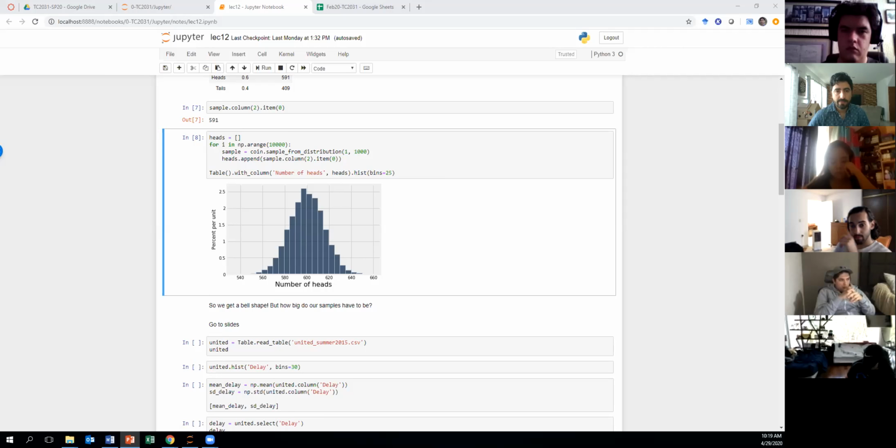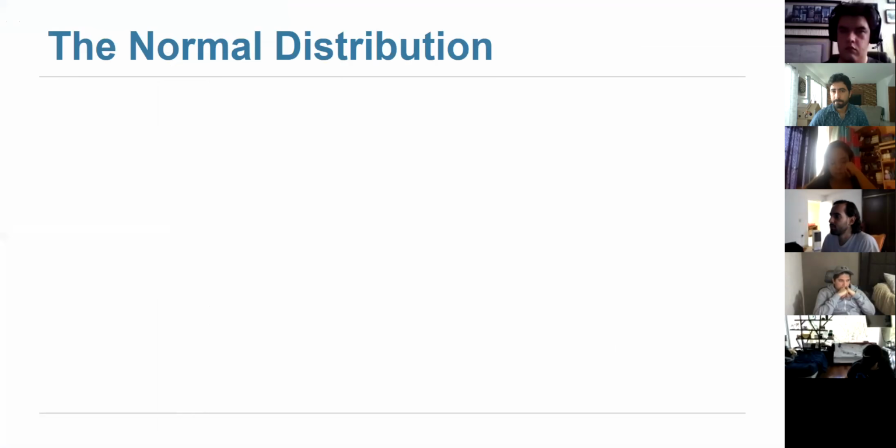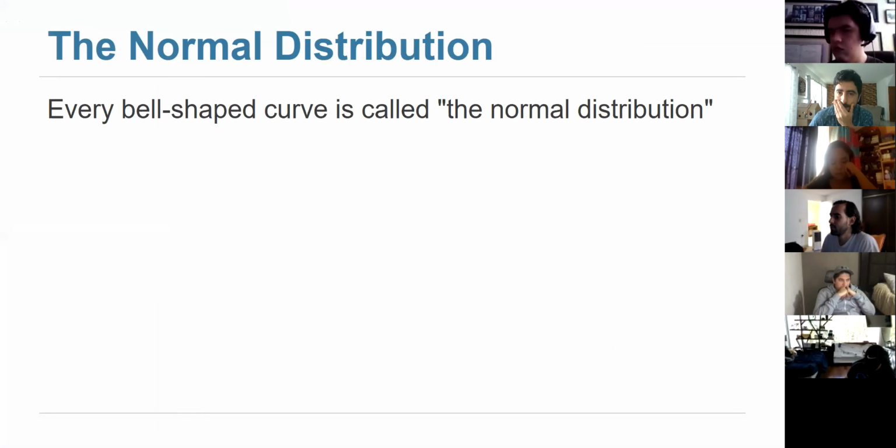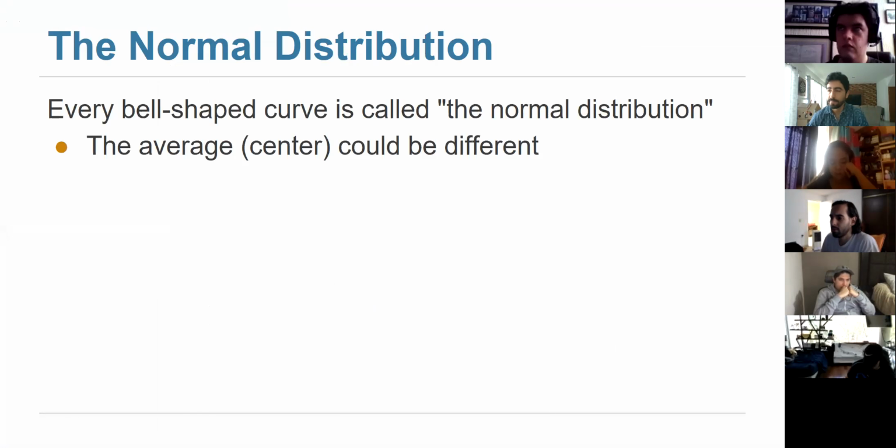So let me go to the slide now. Every bell-shaped curve is called a normal distribution. The average could be different for each distribution, right? But when we are talking about the normal distribution, we're talking about the shape of it. It's the bell curve shape. But the average could be different, of course.